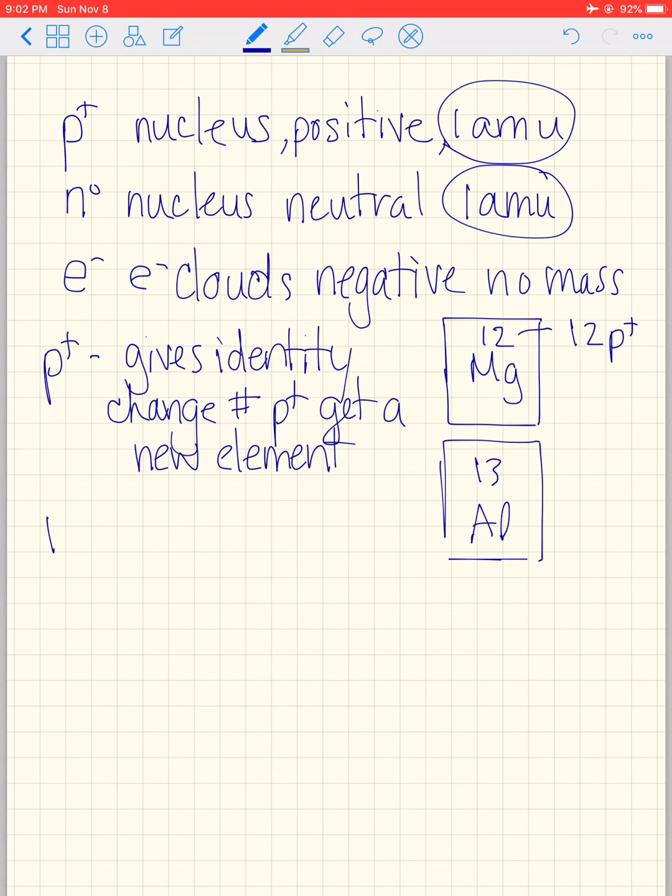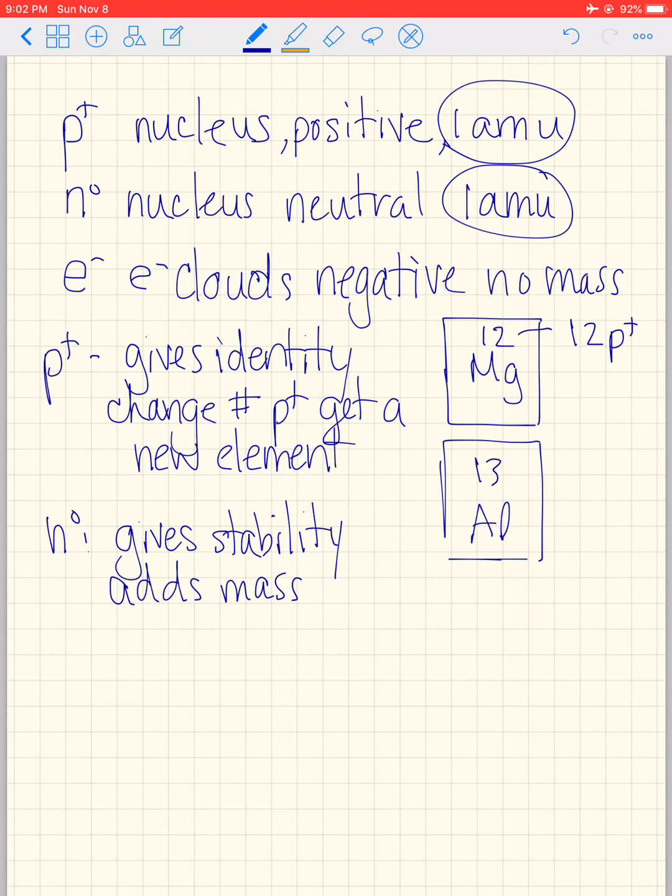The neutron gives stability to the atom. If I don't have enough, the atom actually falls apart. That's not a good thing. So it gives stability to the atom and it adds mass. Of all of the subatomic particles, it's the one that is a little less important.